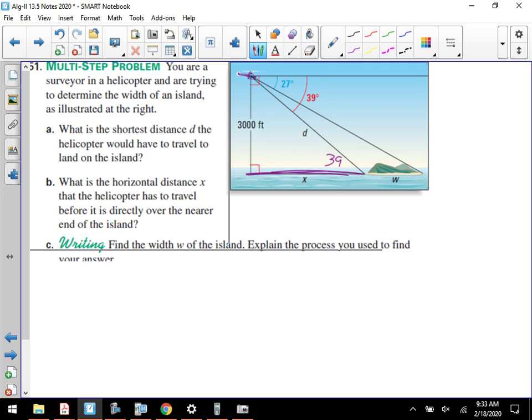So that gives you tangent. You have a tangent of 39 is your vertical over your horizontal. It doesn't matter if I use the front angle. Oh, to get to here? Yeah. And you use 51. That's fine. Then you'd have x over 3,000. Yeah, you're okay.